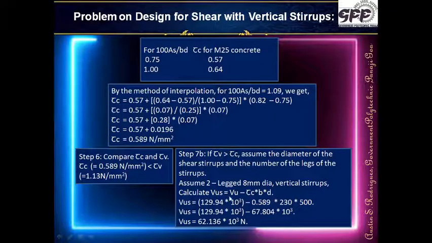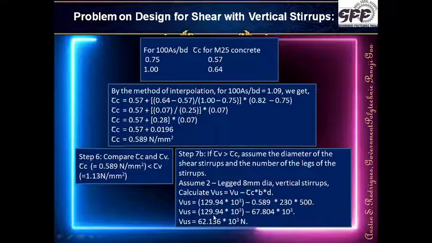So calculate VUS. Now VUS is calculated as VU, the external acting force, the reaction which is coming, the shear force, minus tau c, its own capability, into BD. So VUS, the force to be resisted by the stirrups, is 129.94 into 10 raised to 3 to convert into Newton, minus this 0.589 which we have calculated, multiplied by 230 into 500.